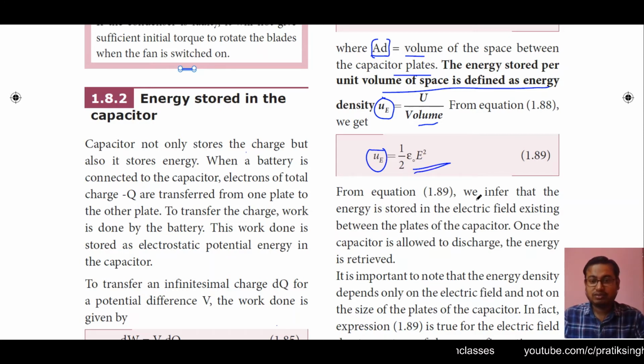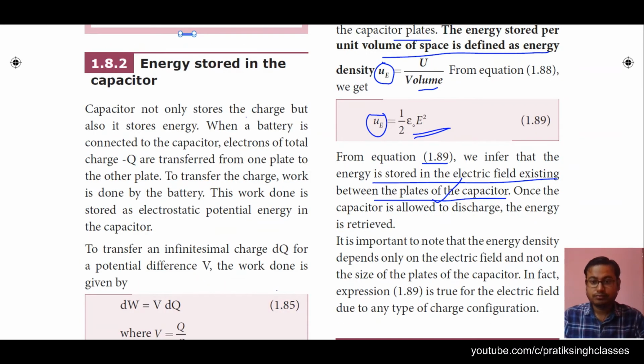Again from this equation we infer that the energy is stored in the electric field existing between the plates of the capacitor. That means in between the capacitor there will exist an electric field, and that is the position of the energy stored. Once the capacitor is allowed to discharge, the energy is retrieved.